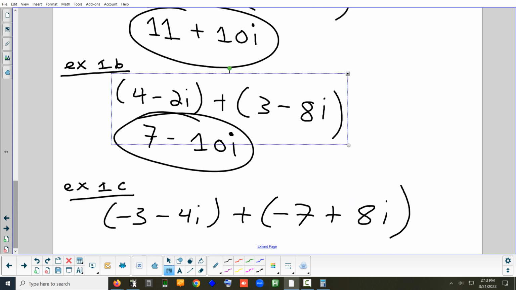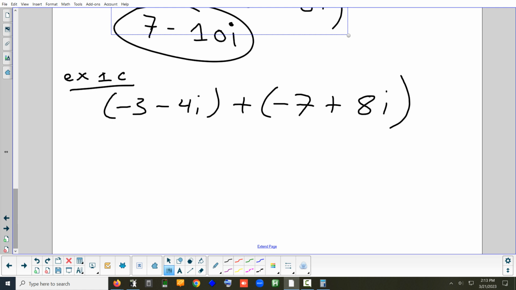Let's try this one. So negative 3 minus 4i. And I want to add negative 7 plus 8i. So when I add those up, what's going to be the real part? Negative 10, good.